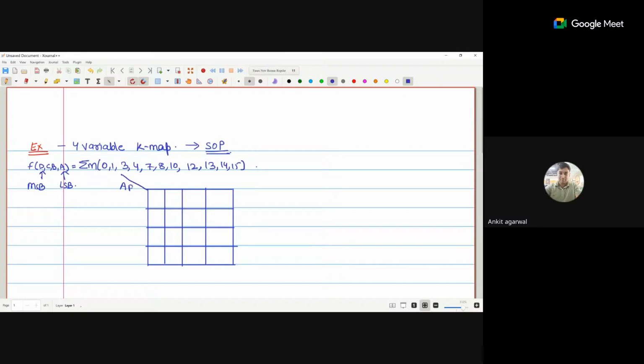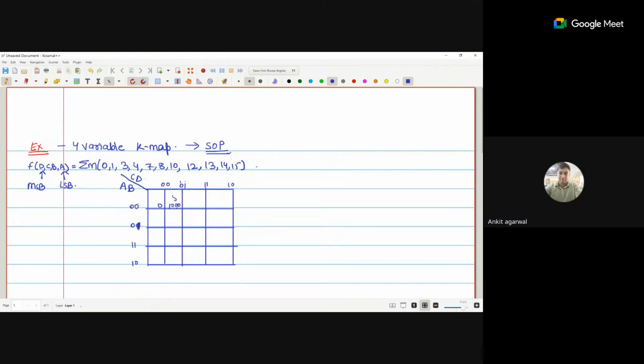Now I want to represent it as the ABCD. 0001, 1110, 0001, 11 and 10. Now this is the 0. This is what? D 1, C 0, B 0 and A 0.